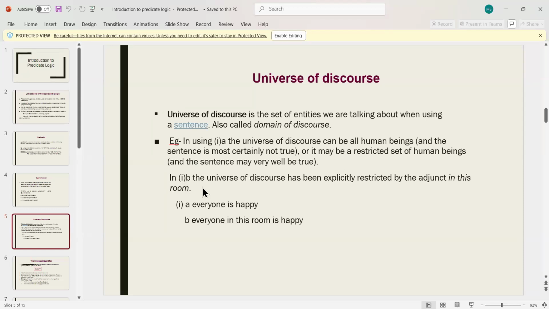In 1b, the universe of discourse has been explicitly restricted by the adjunct "in this room". 1a is everyone is happy. 1b is everyone in the room is happy, right?